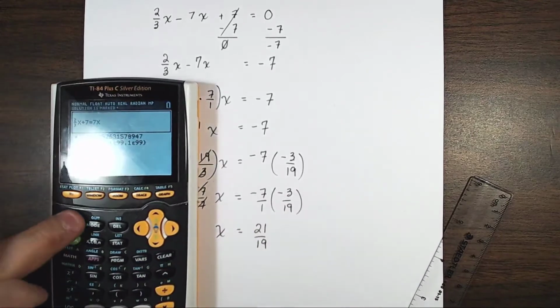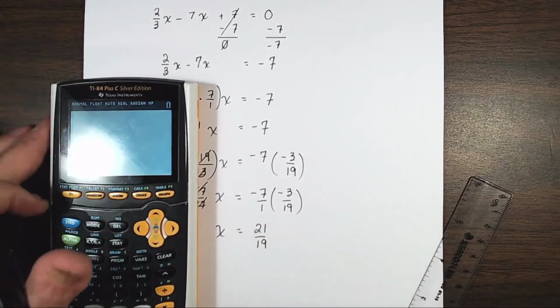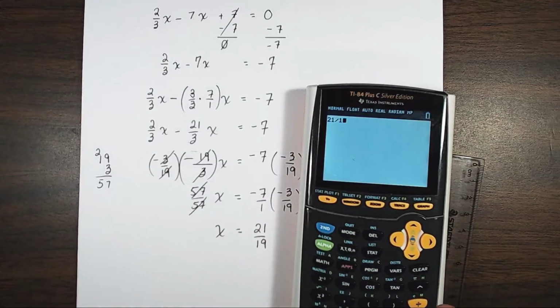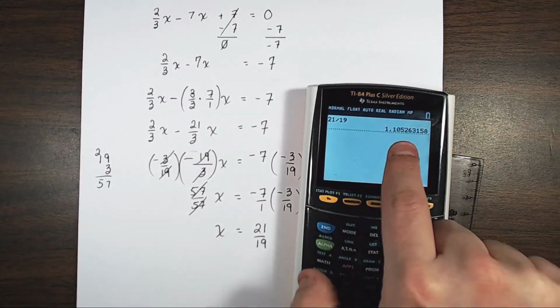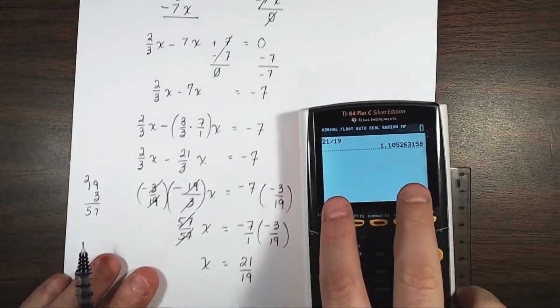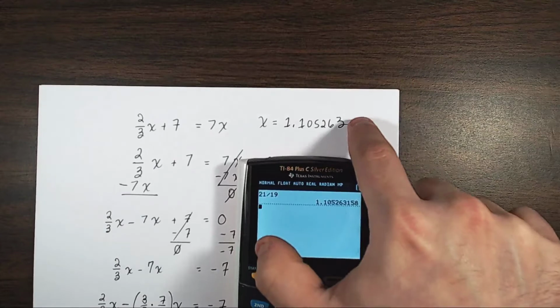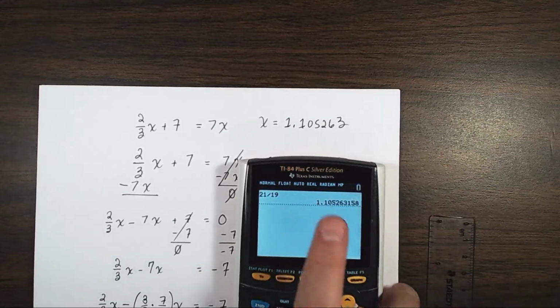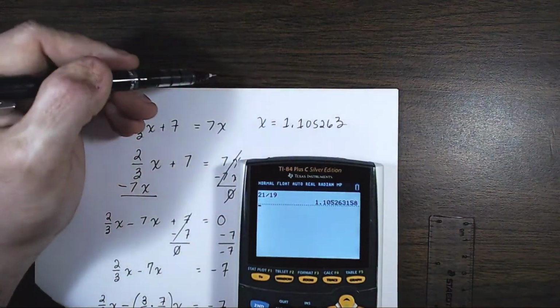So the way we do this is get out of that solver function and put in 21 over 19 and divide it out. Now look, 1.105, compare that to what you found using solver. They're the same. So that's how you know that it's correct.